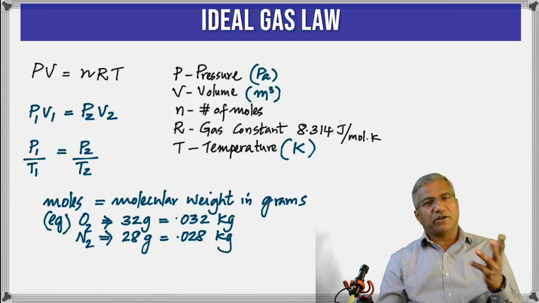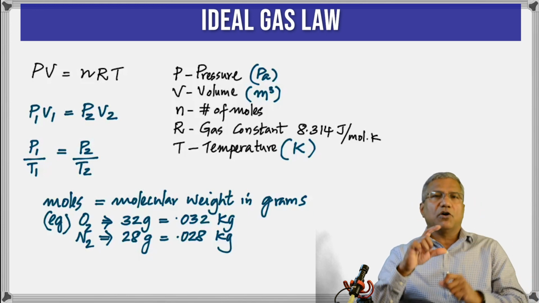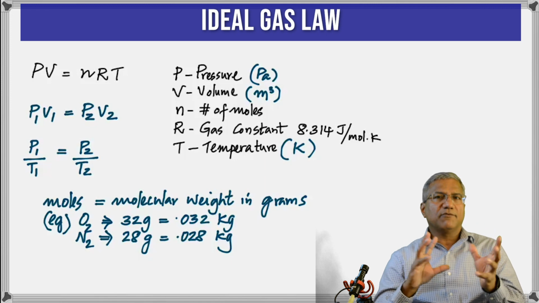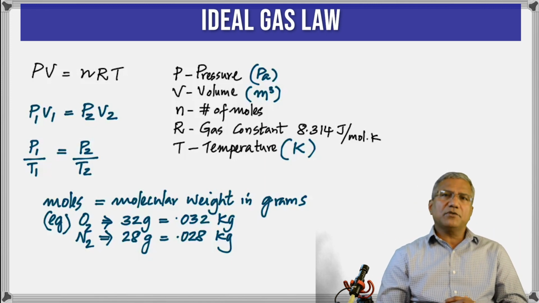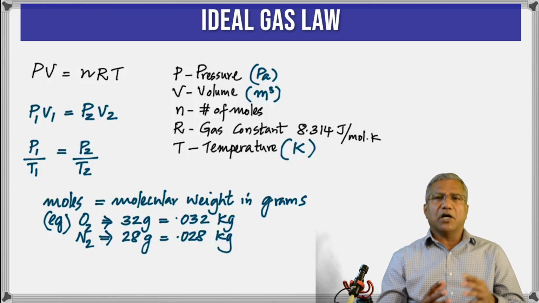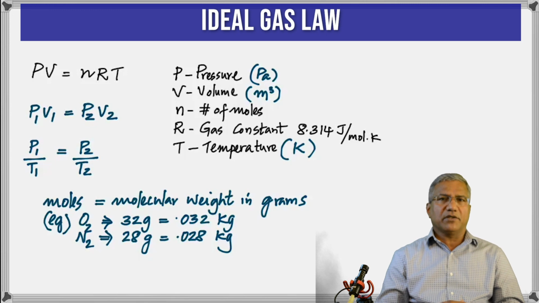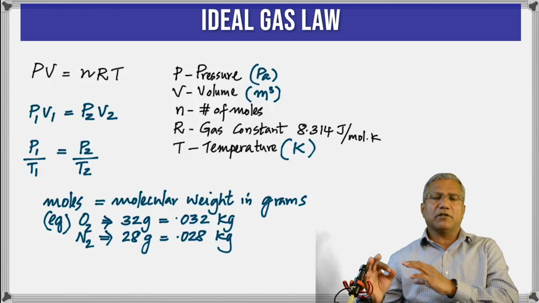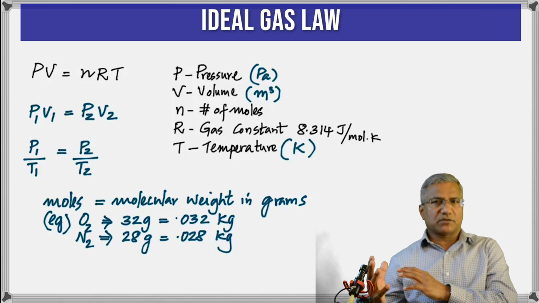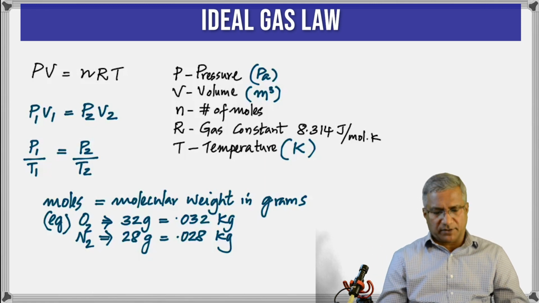If it's carbon dioxide, C is 12, oxygen 2 is 32, so 44 grams of carbon dioxide, and so on. You will be given the atomic number or the molecular weight, so you don't have to worry about that. But just know that 1 mole means the molecular weight of the gas in grams. But then when we calculate, we change into kilograms.